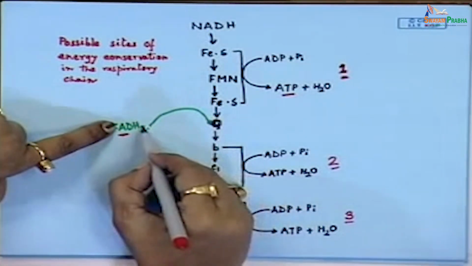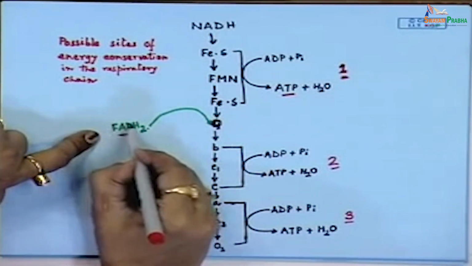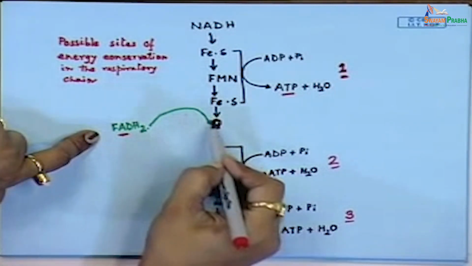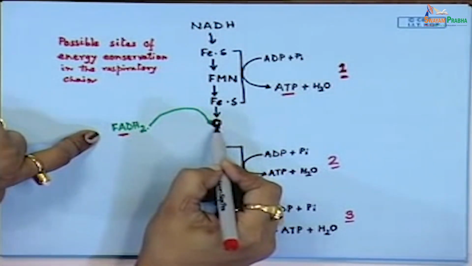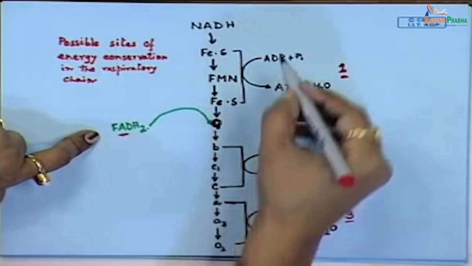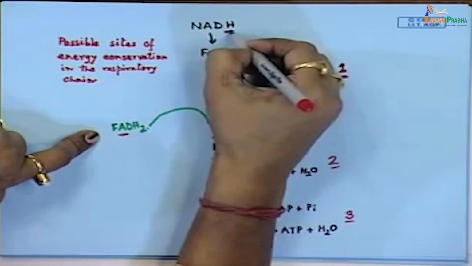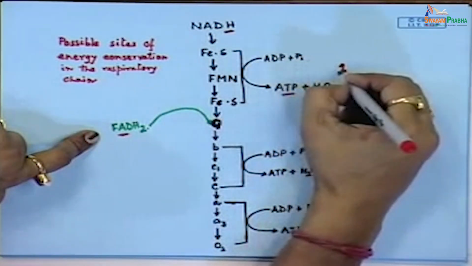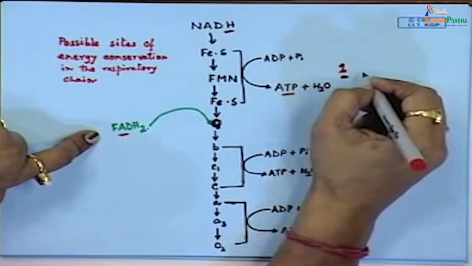You see here it is coming from the inner mitochondrial membrane. When it enters this particular electron transport chain, by this time NADH, which donated its electron, has already produced one molecule of ATP.